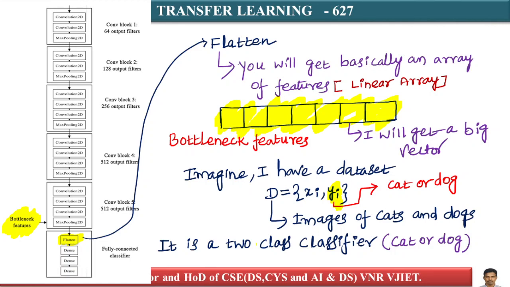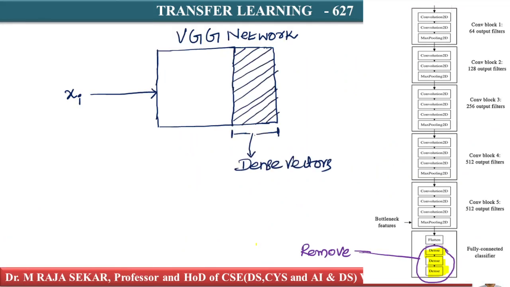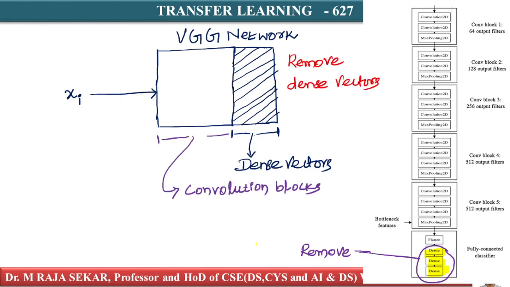What I will do here is reuse VGG, but I will skip the last dense connected layers. If you observe carefully, these are convolution layers, convolution blocks.